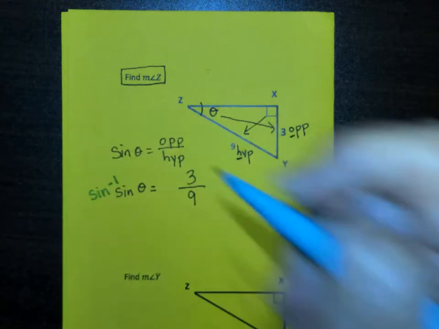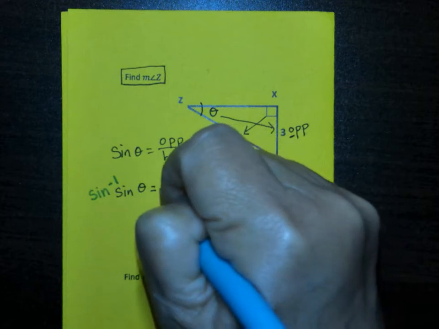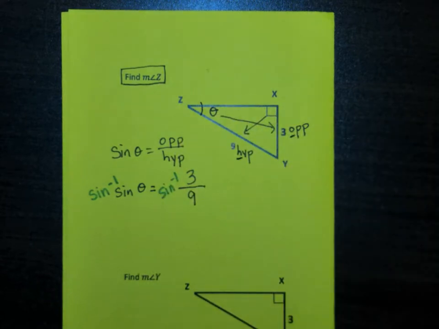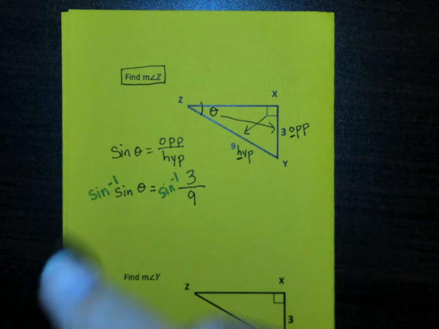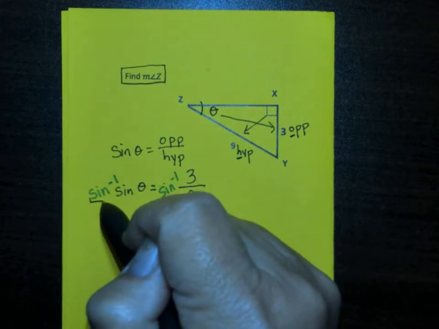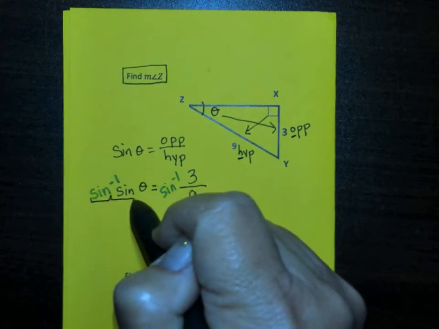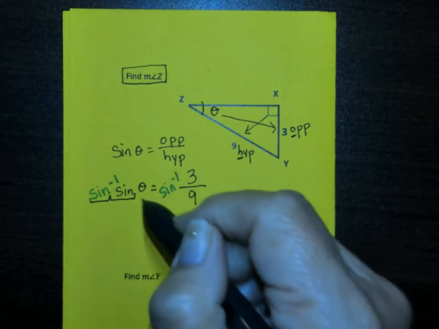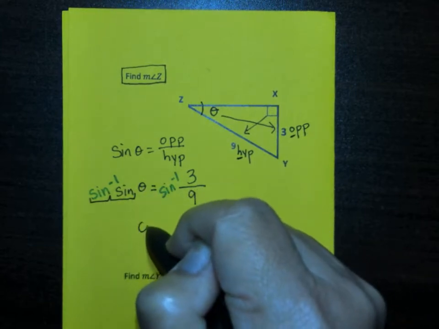It's a sine with a -1. And you put that on both sides. So inverse sine and sine, these two things undo each other. And so theta is left all alone.